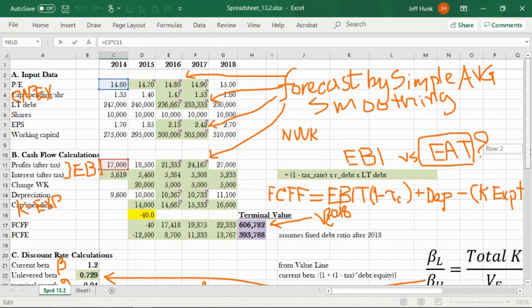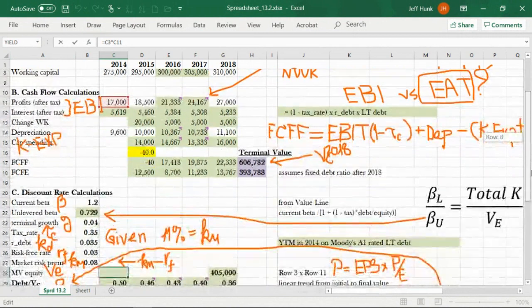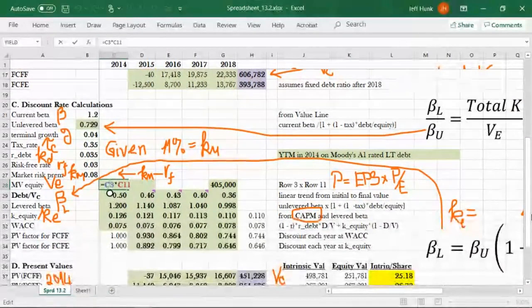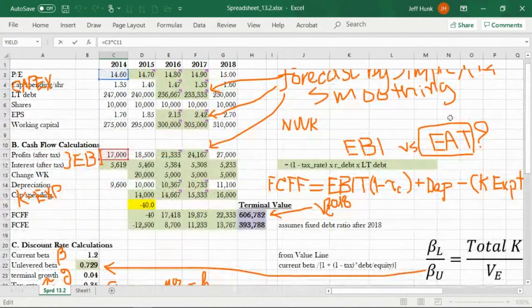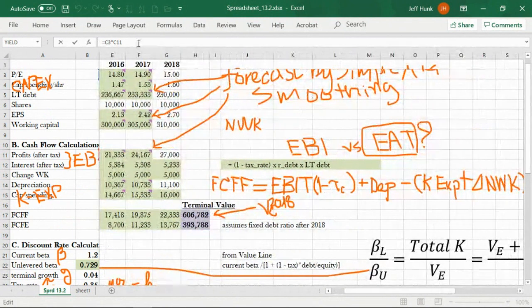Now, why do they multiply these two? Because think about it, what you're multiplying is basically earnings per share times price earnings ratio. This EAT is actually an aggregate concept, right?